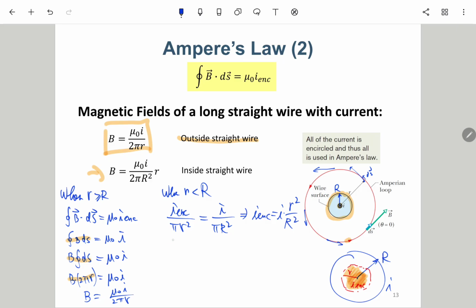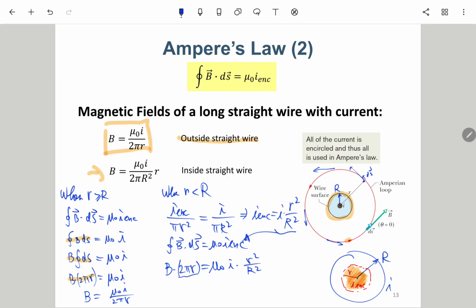Similarly, using Ampere's law, B dot ds equals mu 0 I enclosed. The left-hand side is the same case, B times 2 pi r, so I won't repeat. For the right side, mu 0 I enclosed is I times small r square over capital R square.